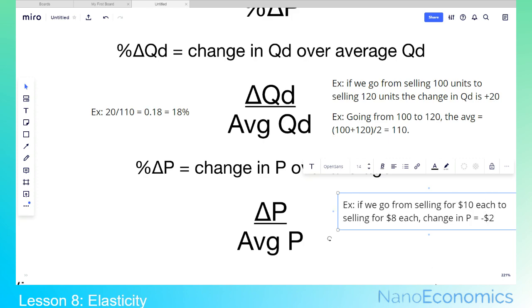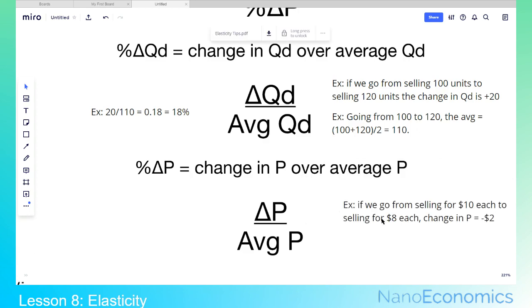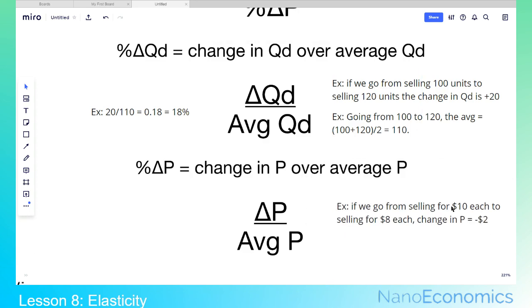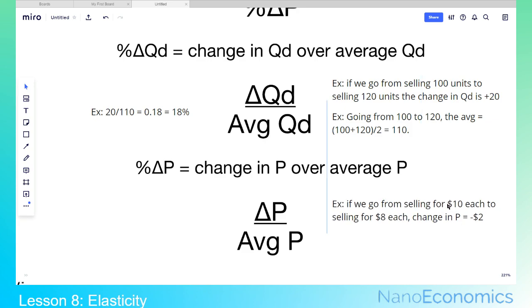When we go from selling whatever this item may be for $10 each to selling it for $8 each, that change in price is going to be negative 2.